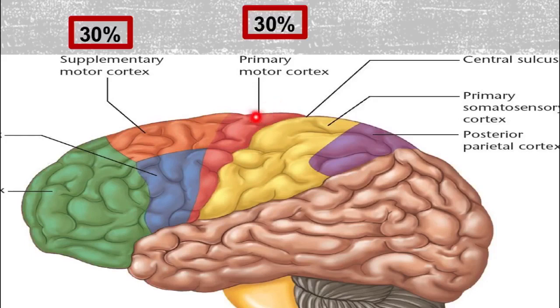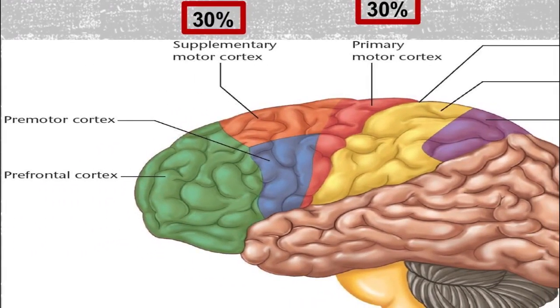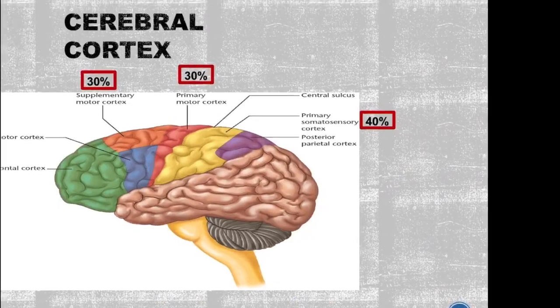In front of the primary motor cortex, this orange one is the supplementary motor area, this blue one is the premotor cortex, and this green one in front of the premotor cortex is called the prefrontal cortex. So this is how the cortical representation is arranged.